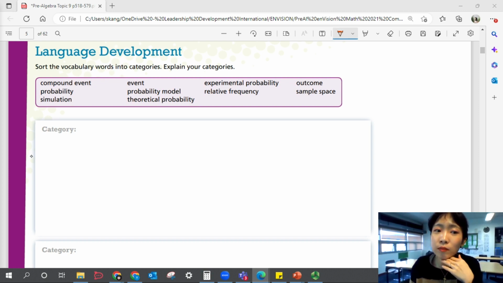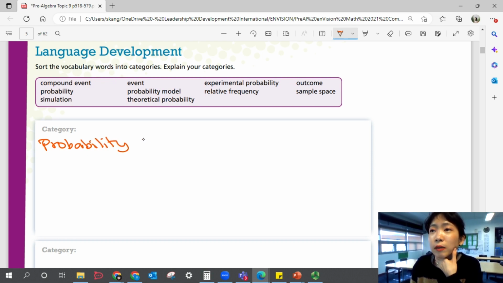So we see some of the same words, right? What are some words that are repeated? You see probability repeated, of course, and then you have events repeated. So let's start with them, okay? Probability types. Okay, so category number 1 could be probability types.